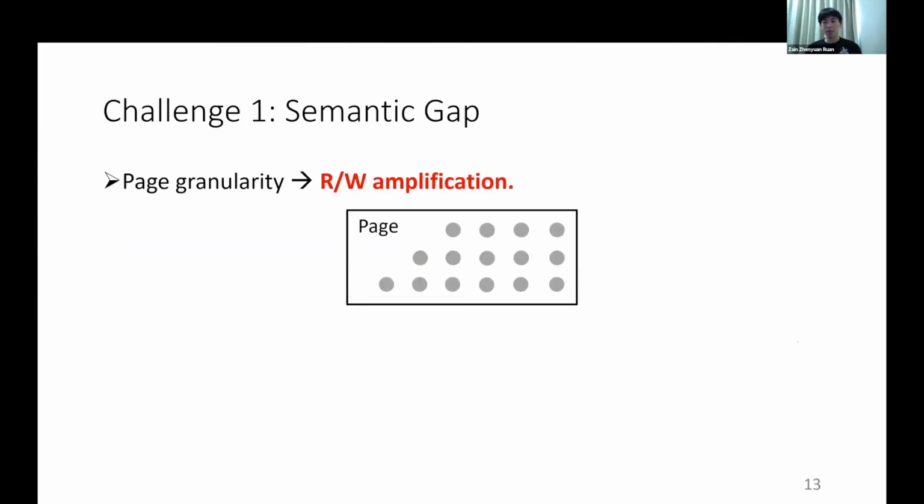Applications read and write memory at object granularity, while in paging systems, the OS swaps memory at page granularity. As you can see in this diagram, one memory page can contain lots of objects, which are represented using these small circles. Even if the application only accesses a single remote object, the OS has to swap in the entire page, which leads to a large amplification.